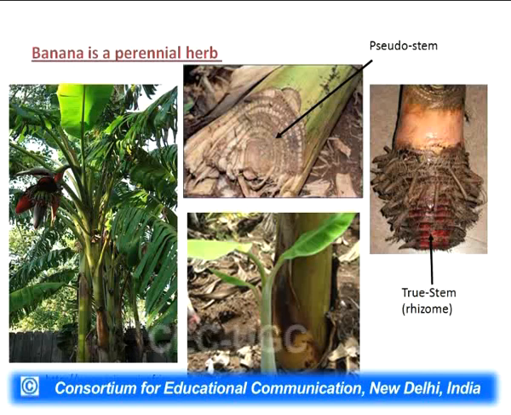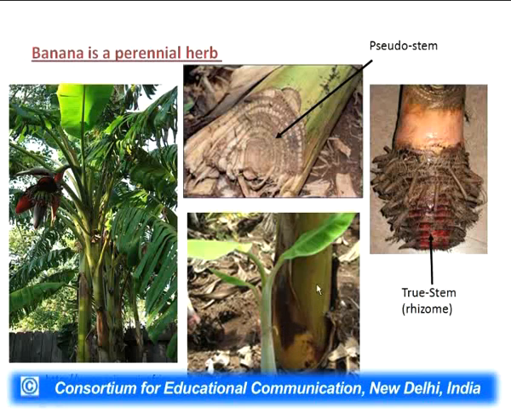This pseudostem is actually a flower stalk. At the time of flowering, the flower stalk goes completely out of the plant and bears flowers. And quite interestingly, like rice or mustard, which are annual plants, these banana plants also will die after giving flowers.